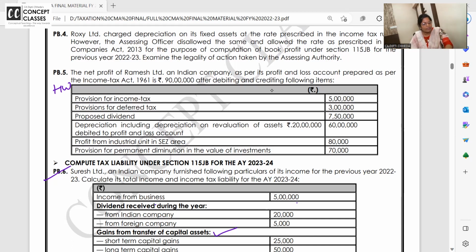I gave it as homework, but if you have done it, then share the answer. We'll finish off and close that one. Others should also do it as homework, na?